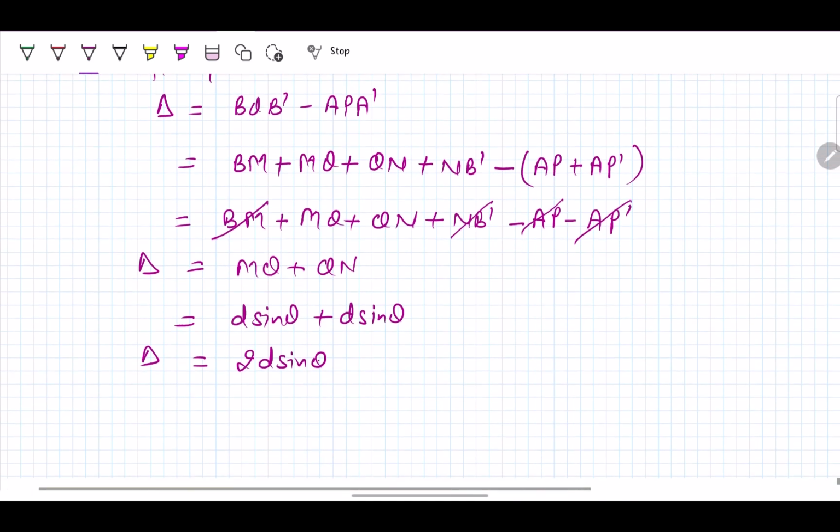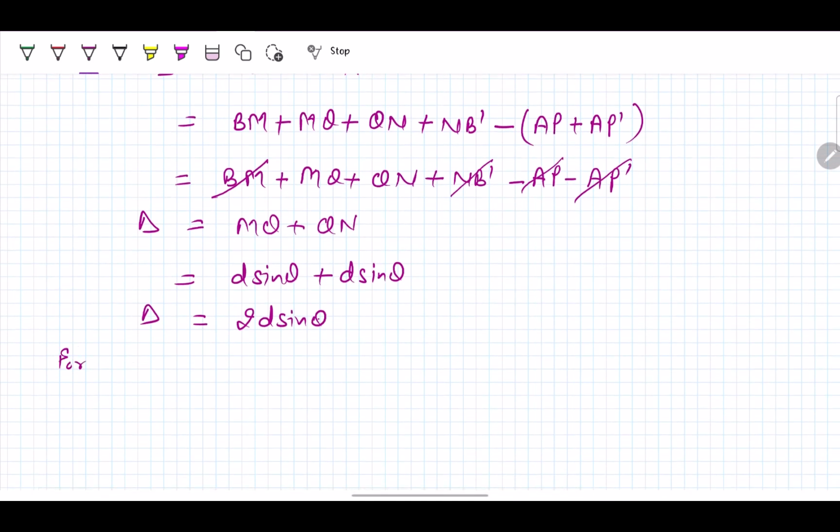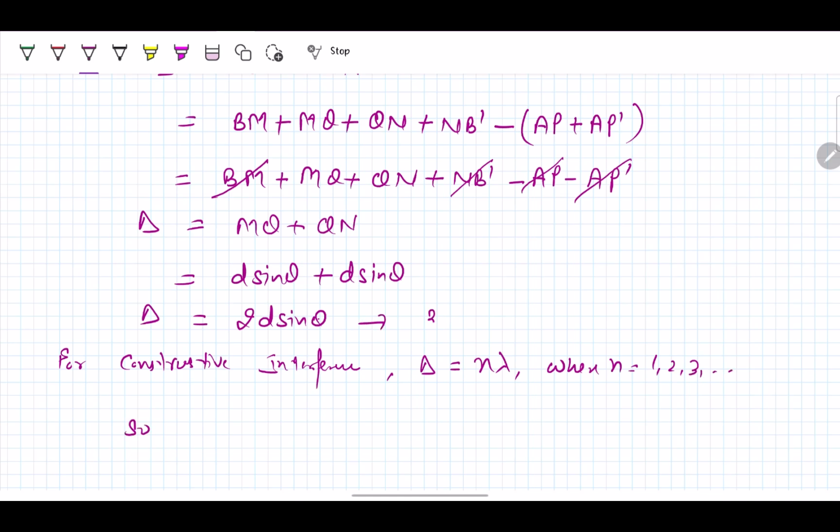We also know that for constructive interference the path difference delta equals n lambda, where n equals 1, 2, 3 and so on. Let this be equation number 3.